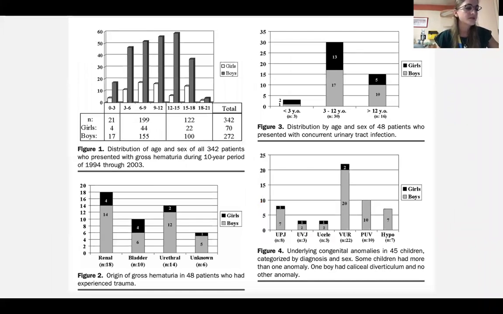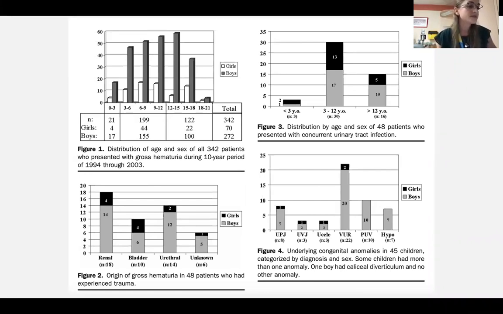So these are the results from this paper. And we can clearly appreciate that the presentation of gross hematuria is always more common in boys than in girls, regardless of the etiology. In the first figure on the top left corner, we can see the distribution of girls and boys by age.